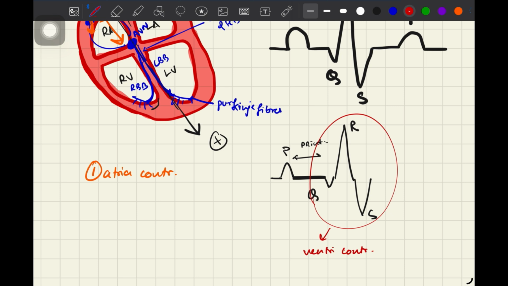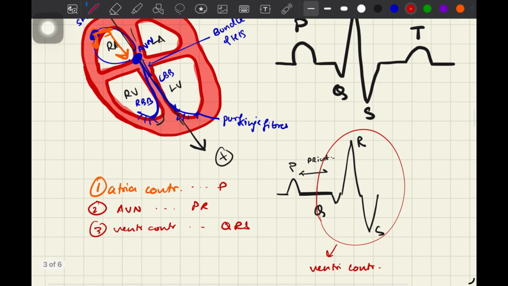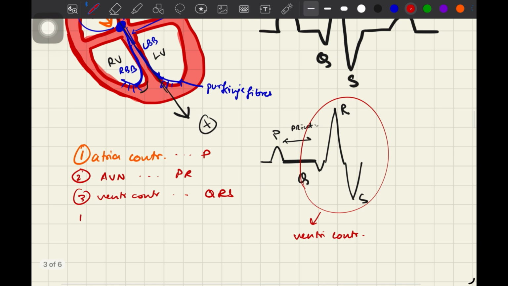So the whole QRS depicts ventricular contraction. First was atrial contraction, then there was the AV node pause, which is PR, this is P. Then we have ventricular contraction, which is QRS. And now there is repolarization or relaxation or diastole. So after this there is diastole of the entire heart.